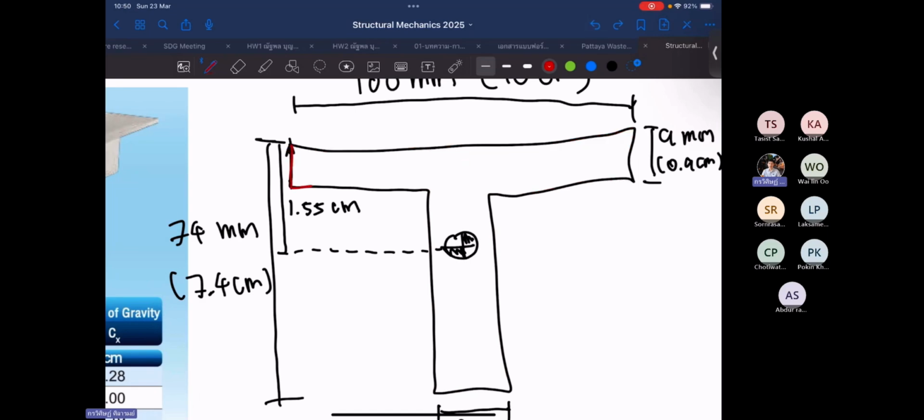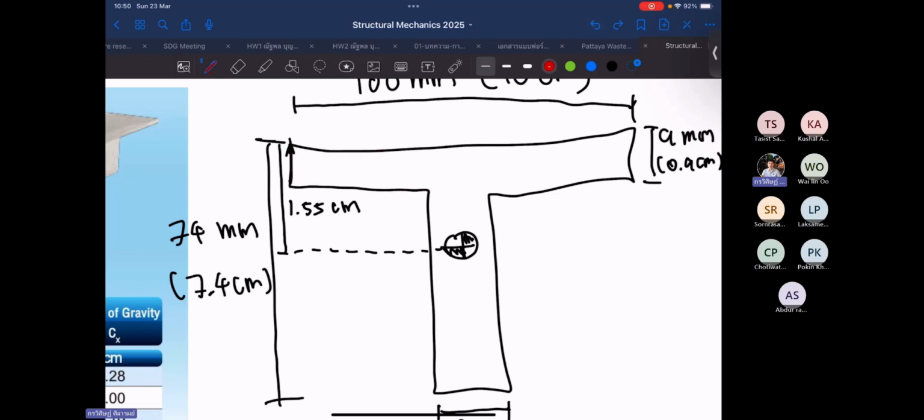For example, this one is your component number 1, this one is your component number 2, and this one is your component number 3. This way is also okay. You will get the same moment of inertia, but you will end up with 3 pieces.